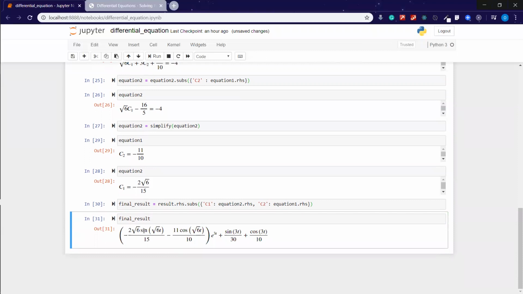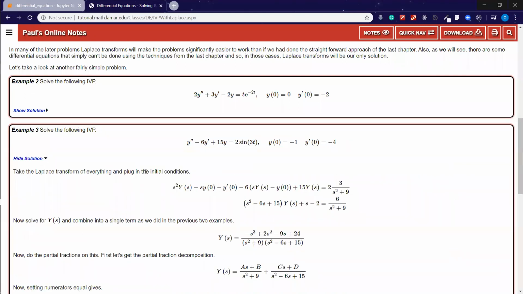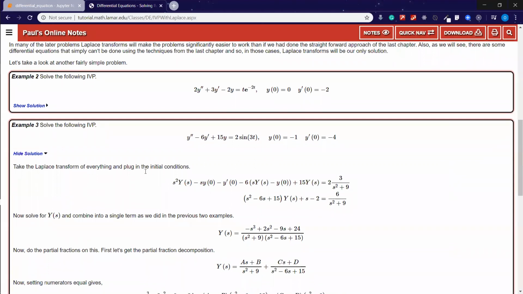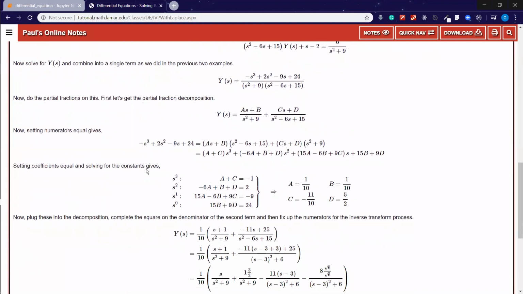Okay, so this is what the final results of the differential equation looks like. Now let's check out the solution on the website and see. This was actually solved using Laplace transform, but we should have the same results.